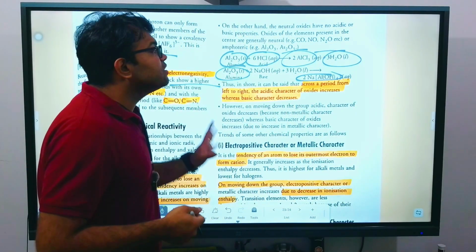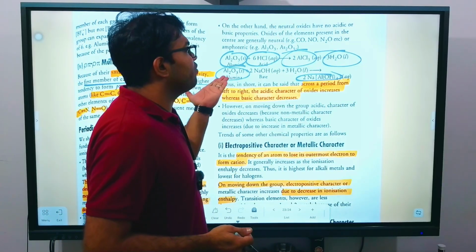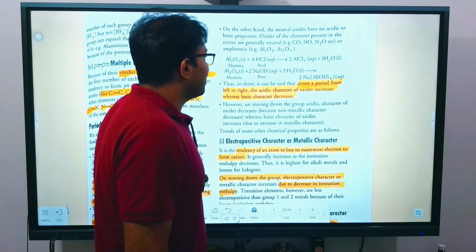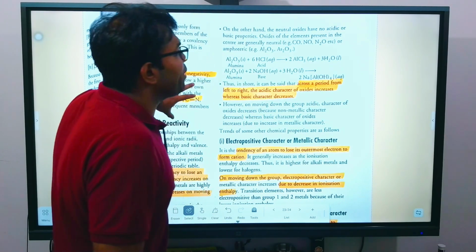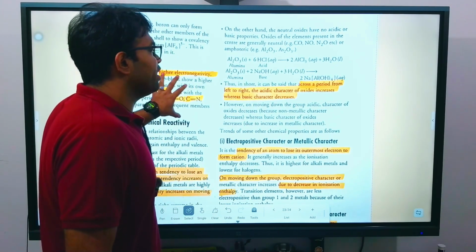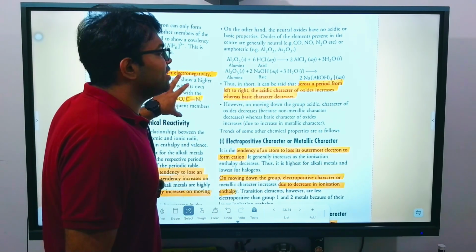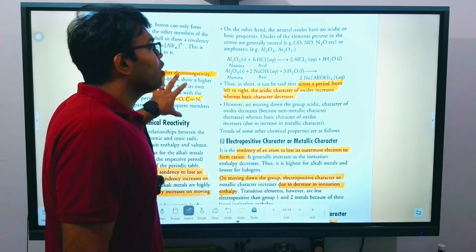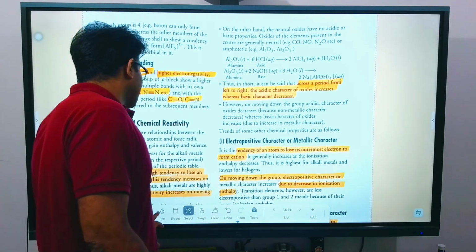Now, how is aluminum oxide behaving here? It's behaving as an acid. Thus, in short, it can be said that across a period from left to right, the acidic character of oxides increases, whereas the basic character decreases.